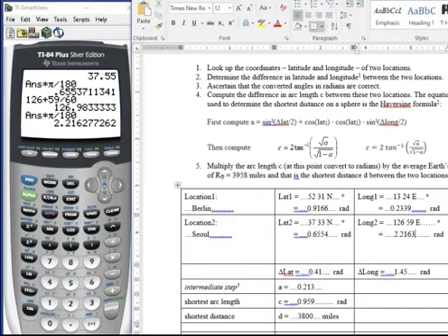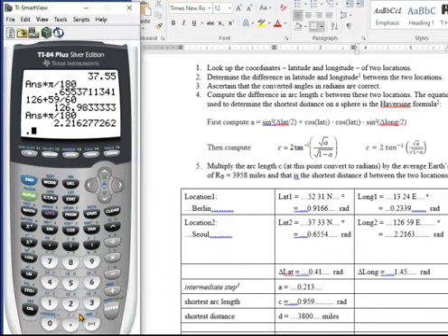If that was not the case, if I had one in the east and one in the west, then I would have to pay attention and subtract the negative from one or the other. Okay, so I'm going to do these here, latitude: 0.9166 minus 0.6554. There we go.